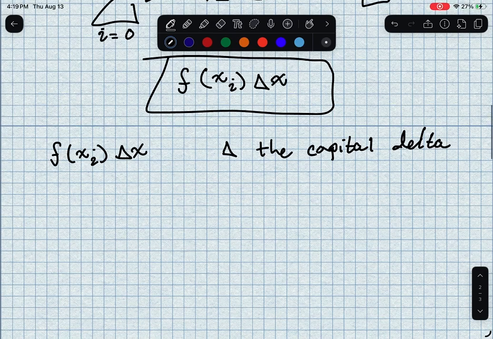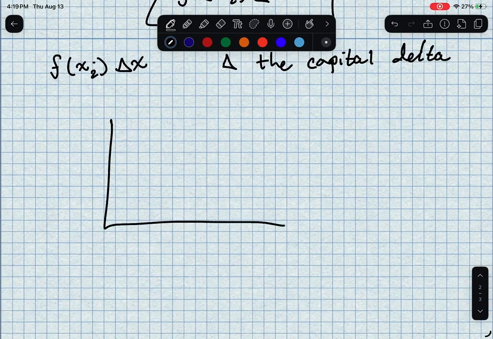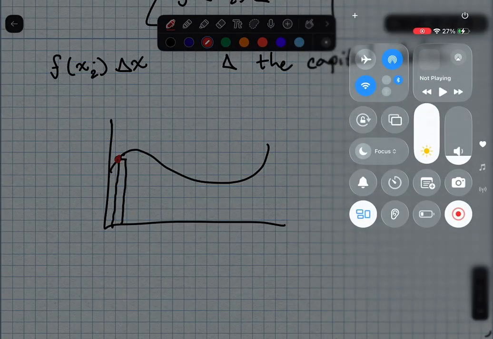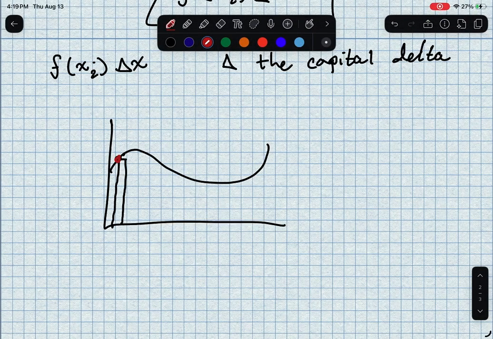So if we have a function here, whatever it is, and we're looking at this rectangle, this value here, I'll draw it in red, is f of x sub i. This value here is delta x.